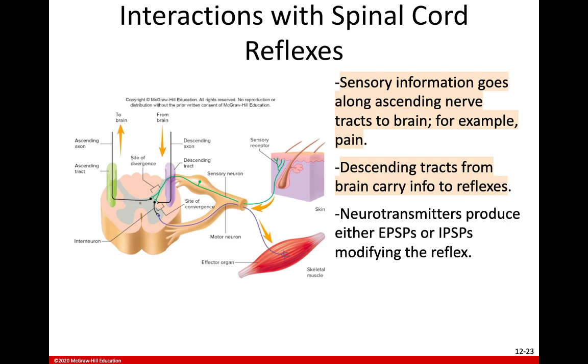Of course, by the time you realize you've done it, you've already done it. Okay, that is because the information for the response does not have to go to the brain. It is initiated, it is integrated right there in the spinal cord. But our brain is still aware of what's going on. But if you ever think about it, by the time you realize you've almost touched that hot pot and pulled your hand away, I mean, your hand has already been pulled away because your spinal cord integrated and initiated that response.